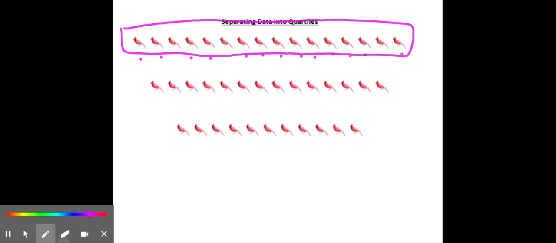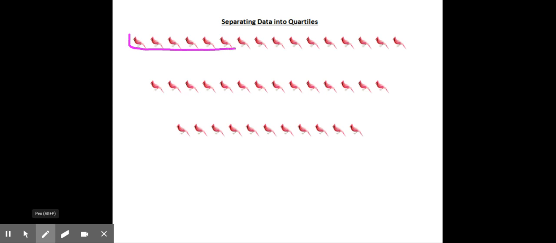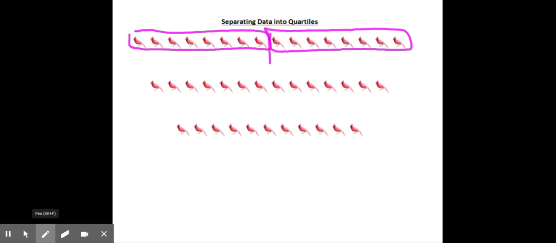Now that we know there are an even amount of birds, the median is going to separate the data between the lower half and the upper half. So that means we're going to have 8 birds on one side and 8 birds on the other. So this is where our median would be, and this is quartile 2. Really, what we're doing is just showing you how to separate it first.